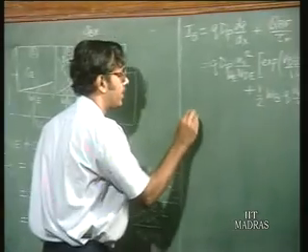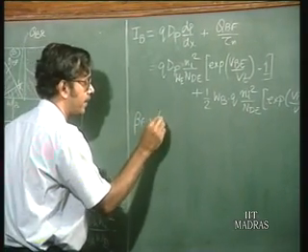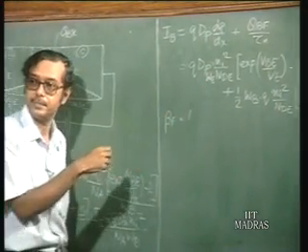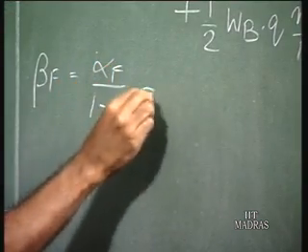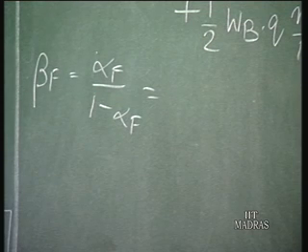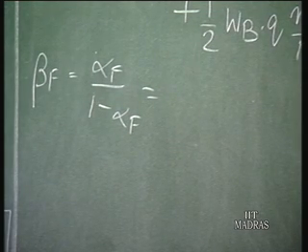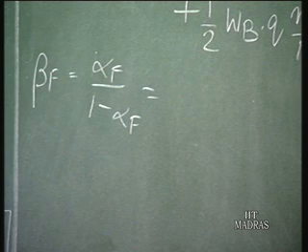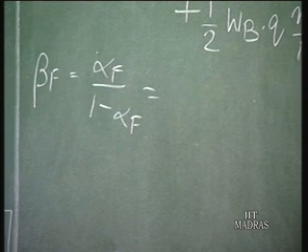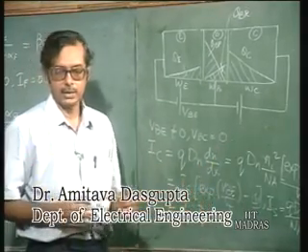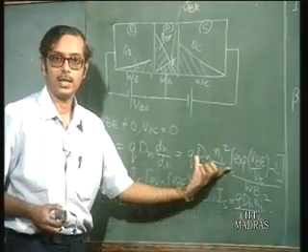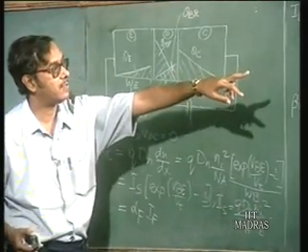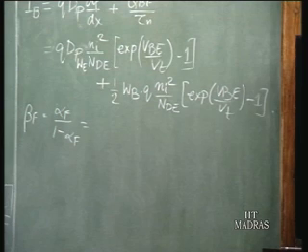Now, if you take beta f equal to Ic by Ib, which is alpha f by 1 minus alpha f, what do you get? Ic by Ib, so you have to divide this by this expression. Obviously that exponential VBE by VT minus 1 gets cancelled out on both sides.